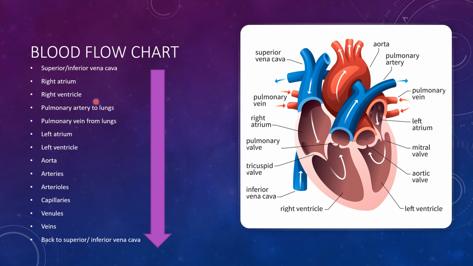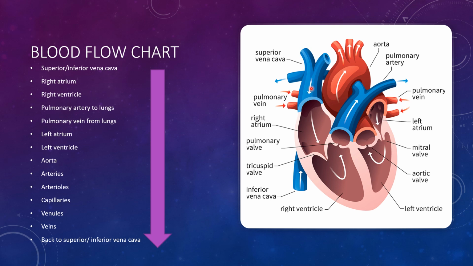Then from the right ventricle, it will move into your pulmonary arteries to the lungs. So it will pass through your pulmonary valve. Your pulmonary valve controls the blood flow from the right ventricle into the pulmonary arteries, which carry blood to your lungs to pick up oxygen. Remember that the pulmonary artery is the only artery that carries deoxygenated blood.